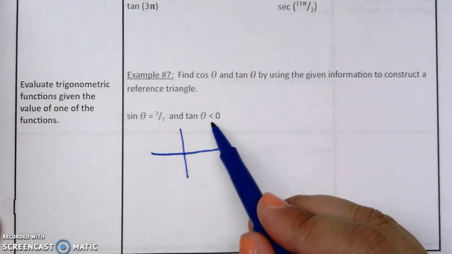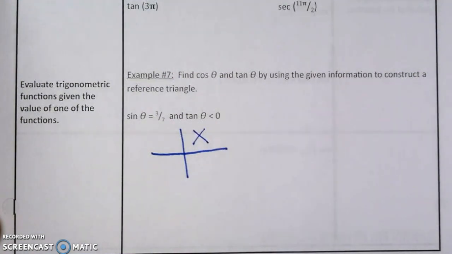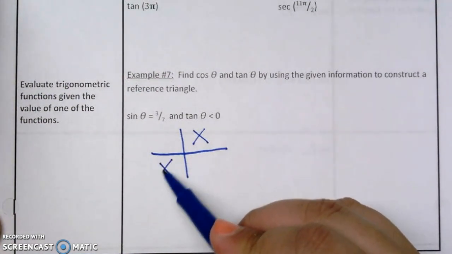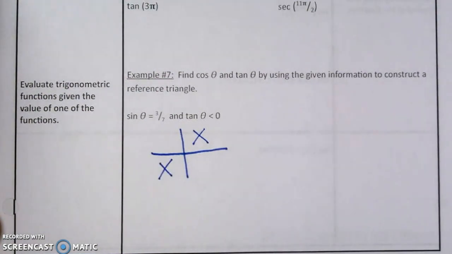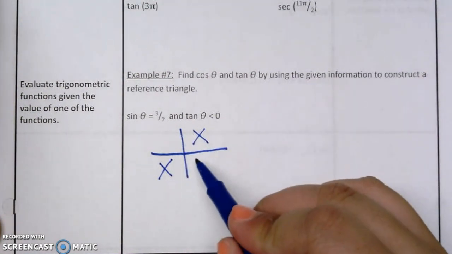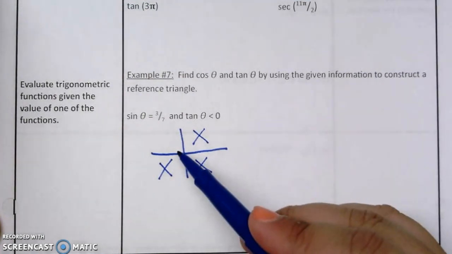So if tangent is negative, we know it can't be in quadrant 1 because all of our trigonometric values were positive in quadrant 1. We know it can't be in quadrant 3 because tangent is positive in quadrant 3. And then since sine is positive, we know it can't be in quadrant 4 because sine is negative in quadrant 4. So that leaves us in quadrant 2.